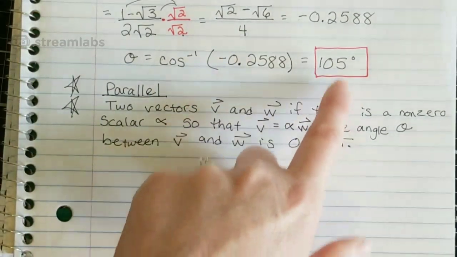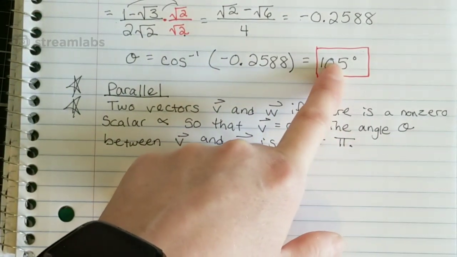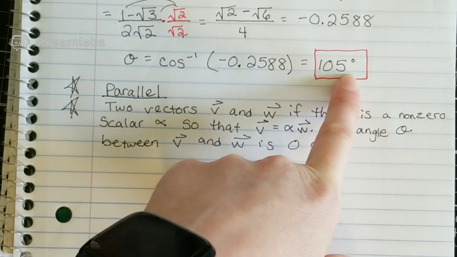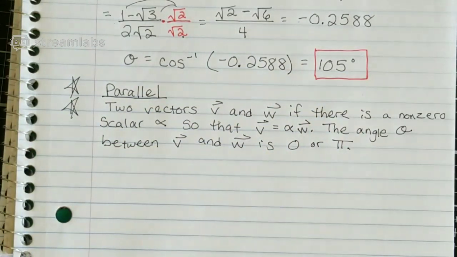Okay, so this answer up here would have to be a 0 or pi. So pretty quickly you can see that this one's not going to be parallel.